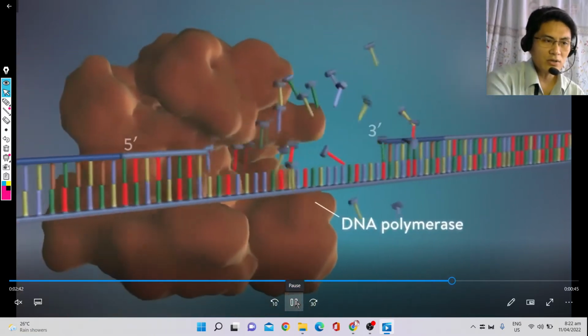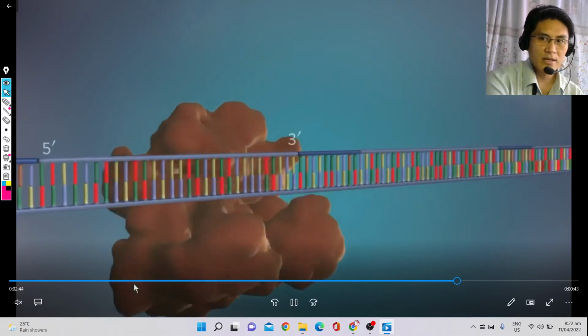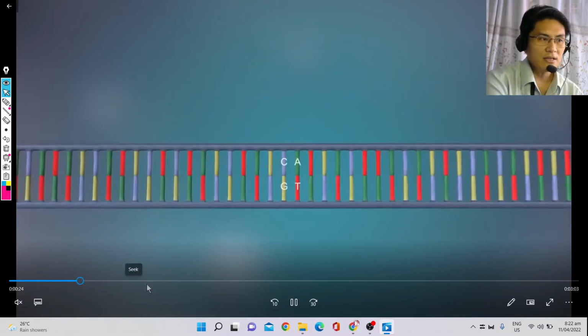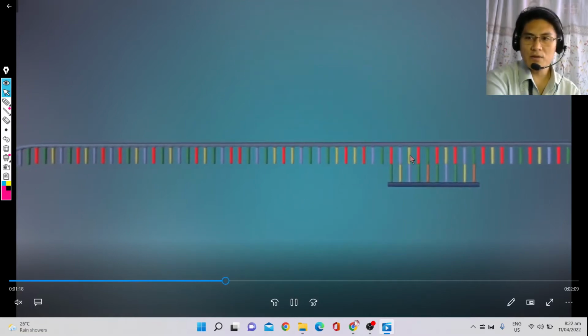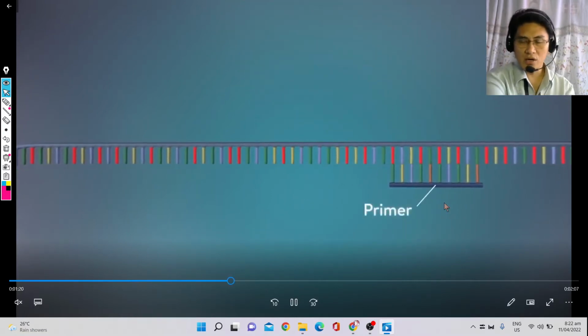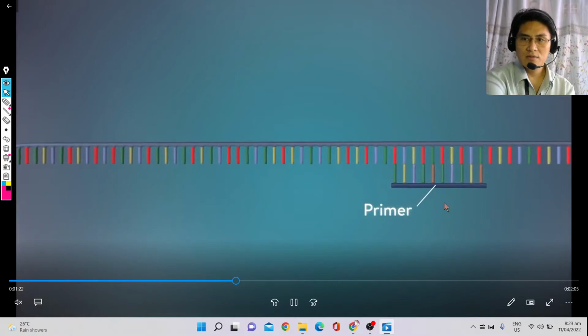Right? So take note how different that is from the leading strand. In the leading strand, all the DNA polymerase needs to do is start where it starts, right?